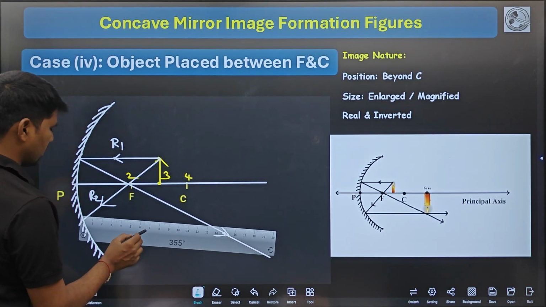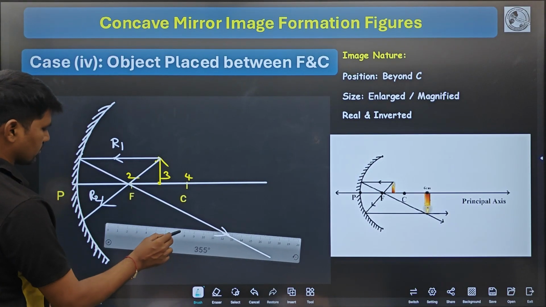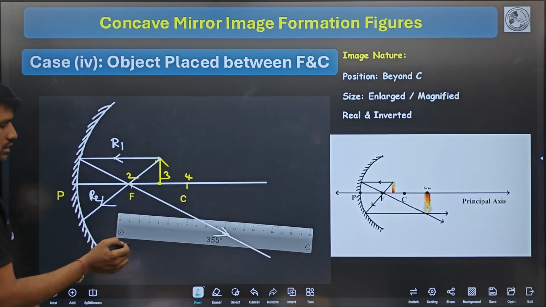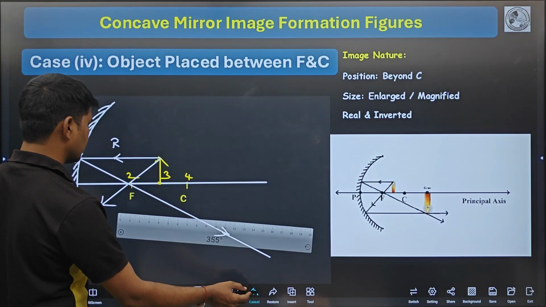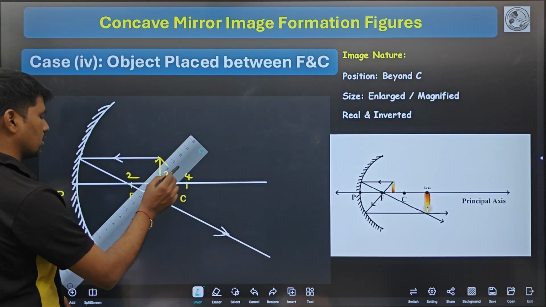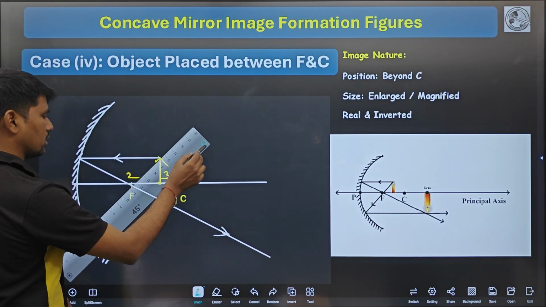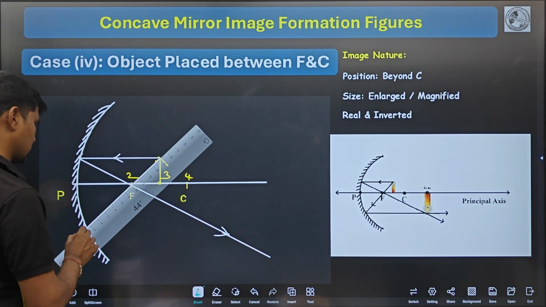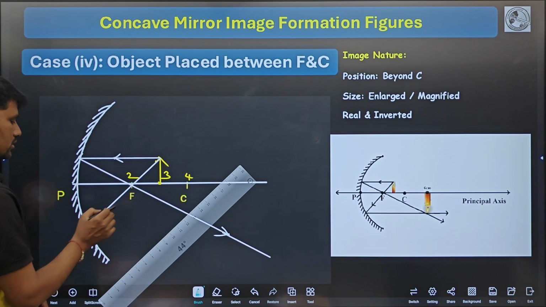Here don't make a mistake. For example, if this reflected ray is not passing through focus, we'll get a mistake. So exactly we have to take it through focus only.